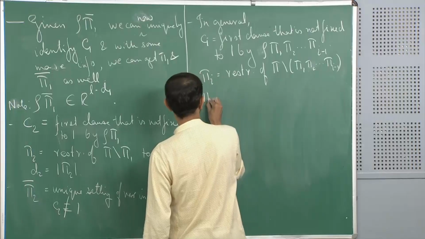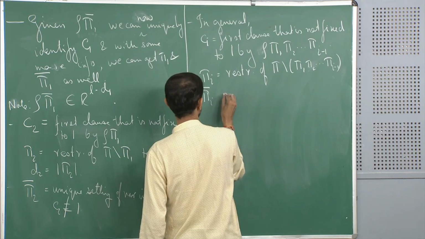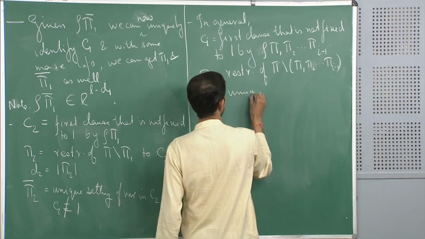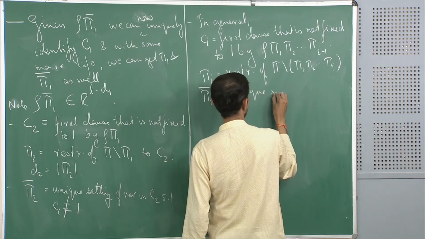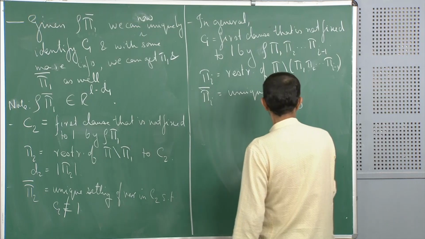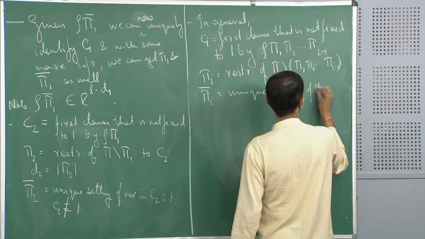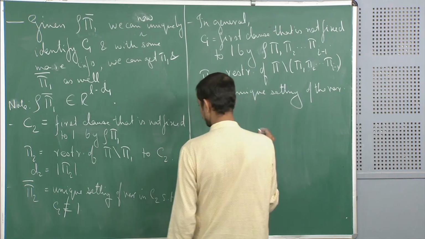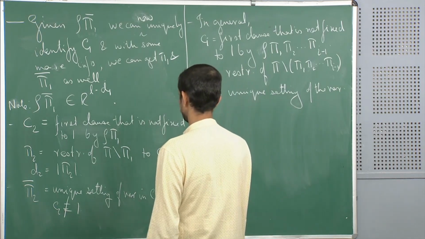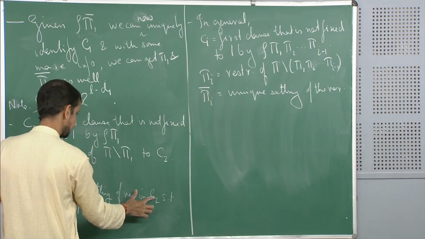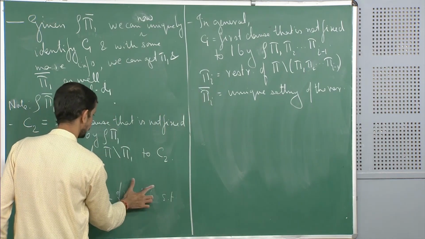Okay. And now pi i bar is the unique setting of the variables, sorry, this one is not C2, this is pi 2.